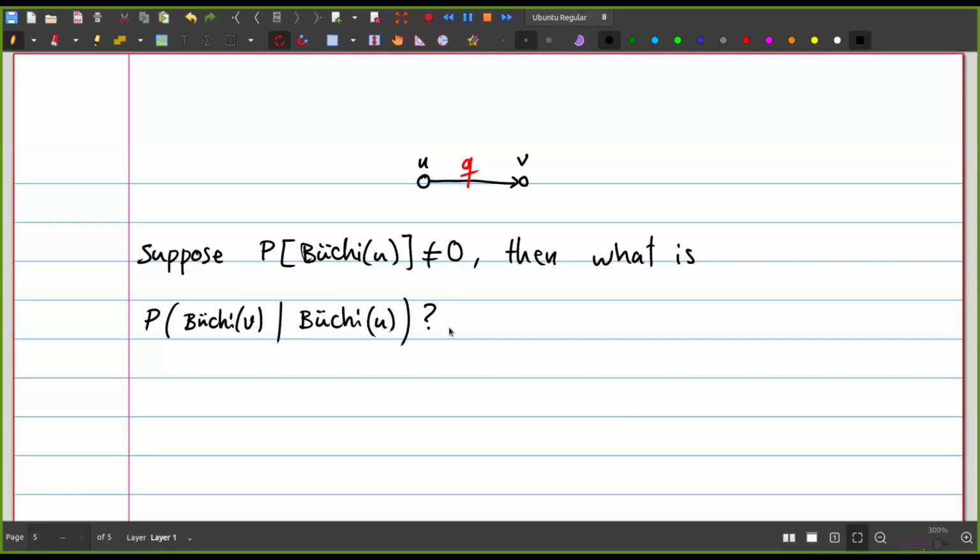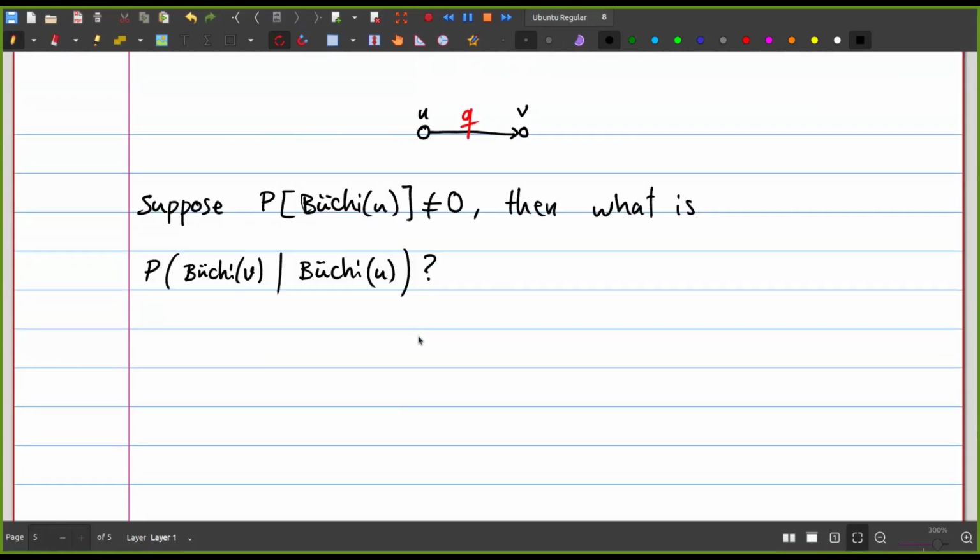Okay. But before answering this, let me answer a simpler question. What is the probability that I even reach v conditioned on Buki u? So what is the probability that I reach my vertex v conditioned on knowing that I've seen the vertex u infinitely many times?